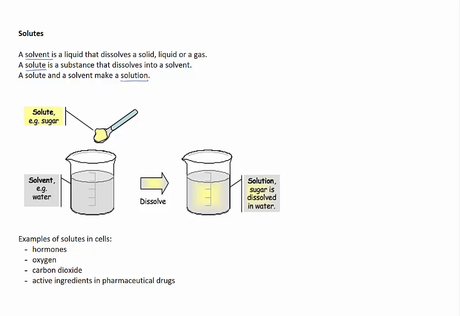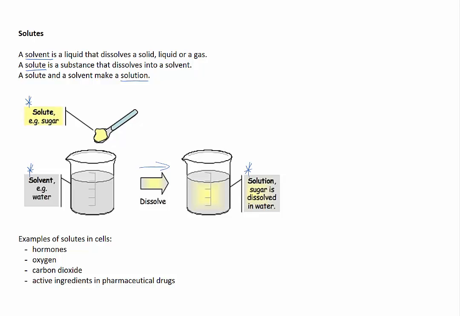An example is sugar, which is a solute, and you can add sugar to water, which is your solvent, because it is a liquid in which you're dissolving your sugar. When you dissolve the sugar into the water, you end up with a solution, a sugary solution.